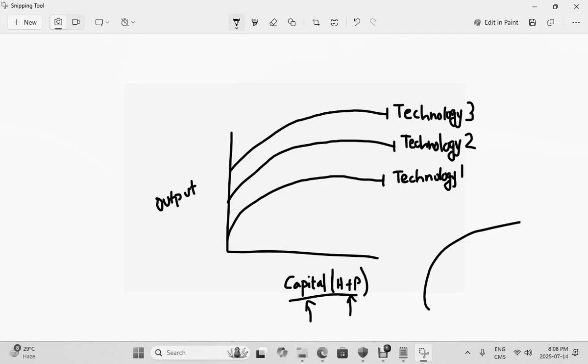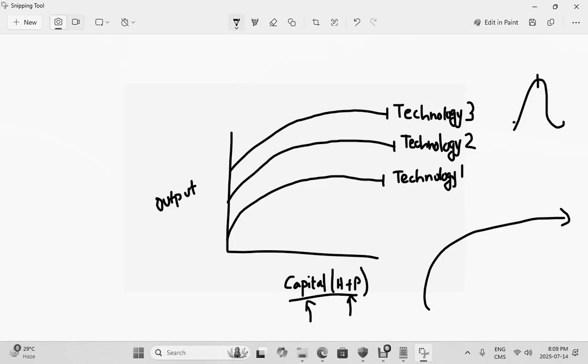Contrary to the belief that the output and growth rate may go up indefinitely, it's not really the case, because it hits a peak, just like your stock market.